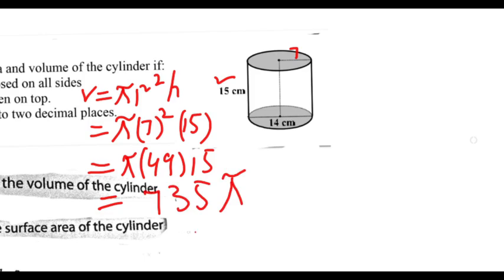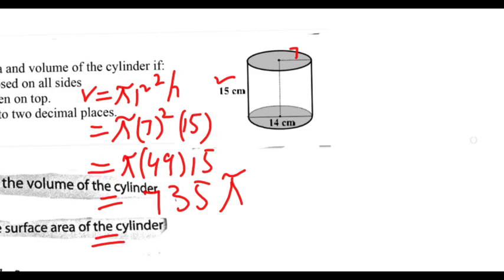You can leave as is or you can further solve. If they ask you to give the answer in 2 decimal places, then you open up the pi. If they say nothing, you can leave as is or you can further simplify.